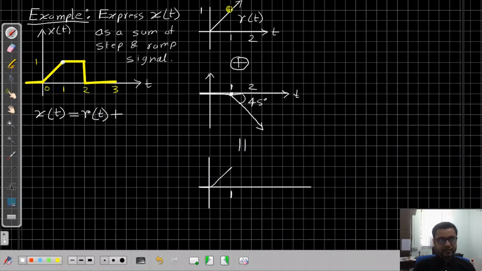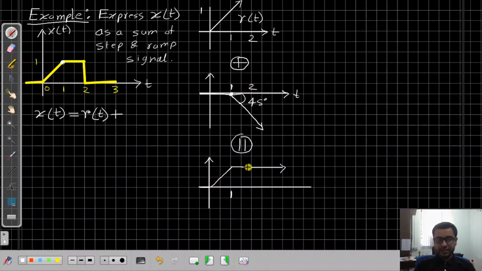After that, this signal continues to increase with a slope of 1, and this signal starts to decrease at the same but opposite or negative slope. So this increment and this decrement will cancel each other, resulting in a flat signal like this. So this is the result of adding these two signals.